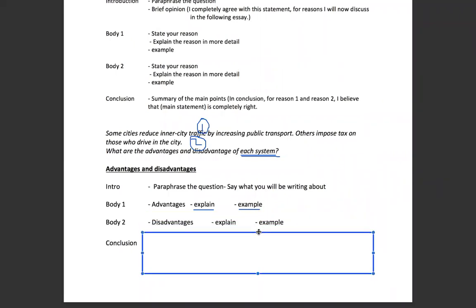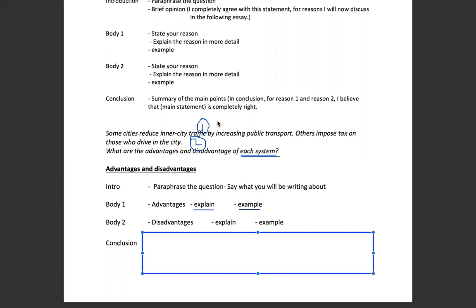Give an explanation and an example. Okay, so this is really important. A lot of people make the mistake of deciding that the statement only has advantages and then they don't discuss any disadvantages. So it doesn't matter if our opinion here is that there are only advantages to the first statement, we still need to discuss some disadvantages because this is what it asks us.